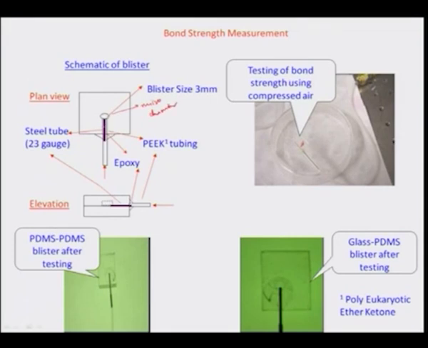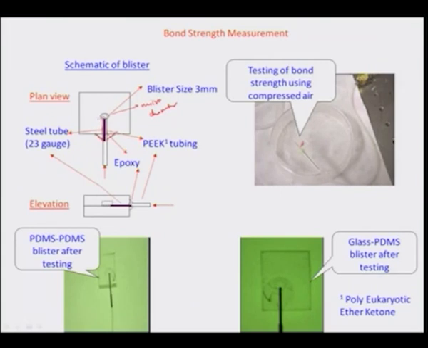For that you have a steel tubing and a PEEK tubing, and an epoxy is used for safeguarding against leakages between the PEEK tubing and the PDMS. The PEEK tubing bites over the PDMS and creates a sort of reversible seal, and so there is very little possibility of any air going out.